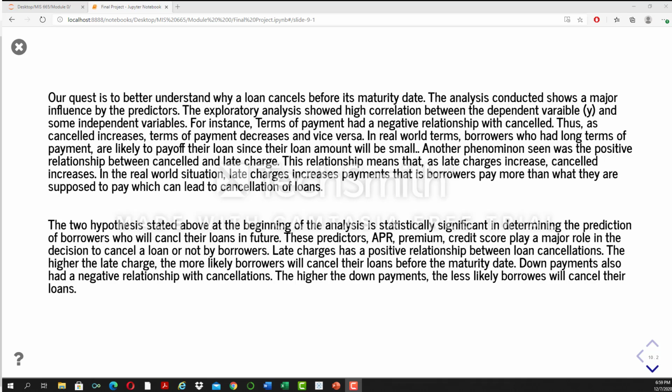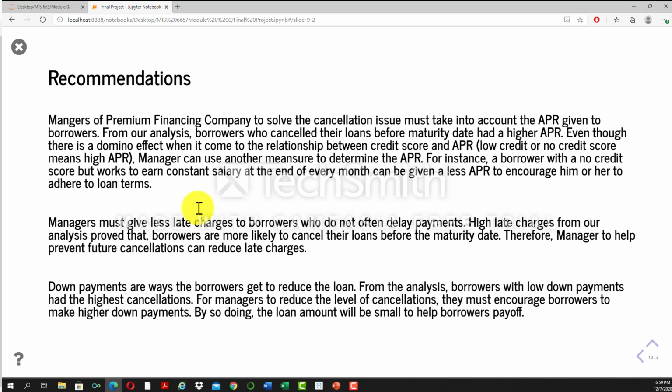So in our recommendation, the managers of the company must look at the APR when they are trying to give out loans. For instance, we all know credit score has a very high influence on APR. So somebody with no credit score, given a high APR, might cancel their loan. But when the person has a salary job, we can actually reduce the APR for them.